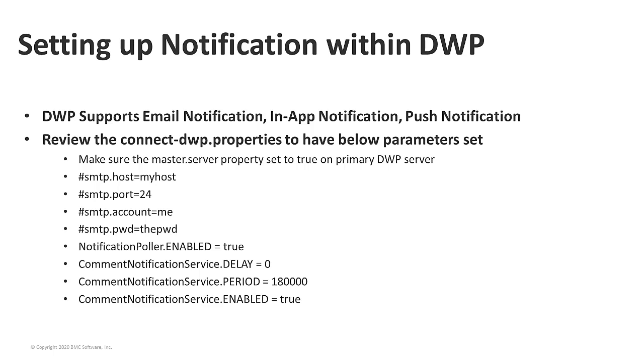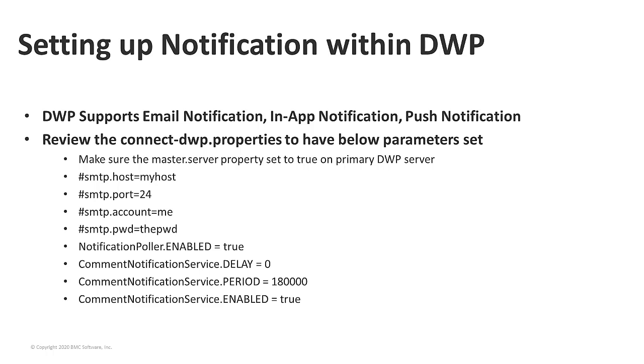In order to generate the DWP debug logging, you can log into the DWP admin console, and from the admin console logging, you can set the logging level to debug in order to get more messages logged to dwp.log. This dwp.log exists in the directory where you install the product. Most of the time, if you are using the default location, it will be under /opt/bmc/smartit/myit/dwp/log in case of upgrade.